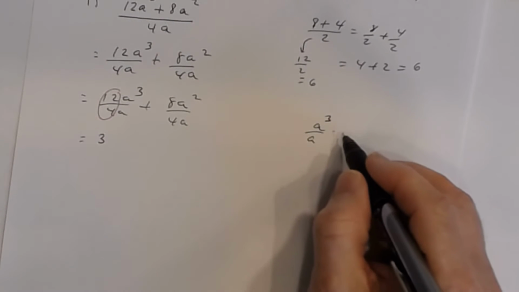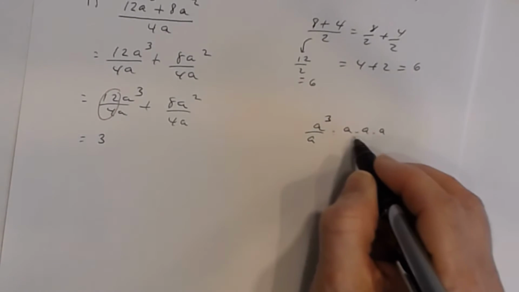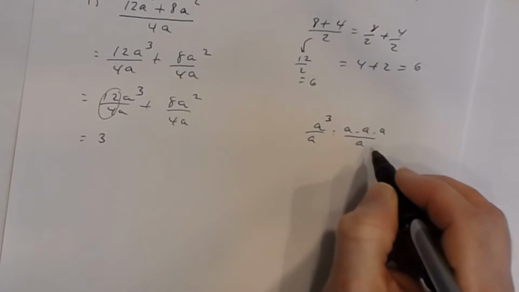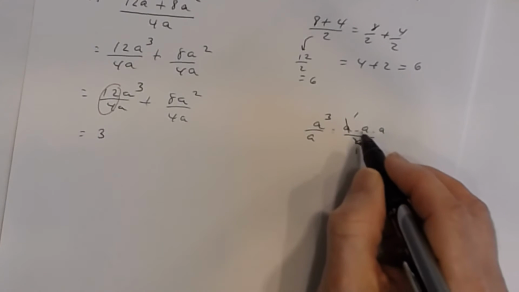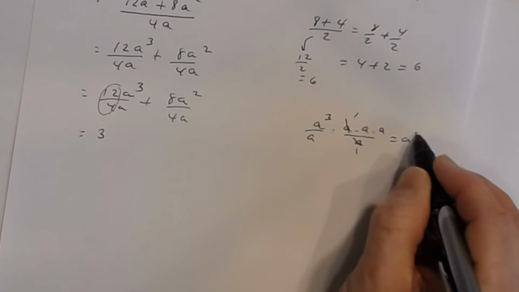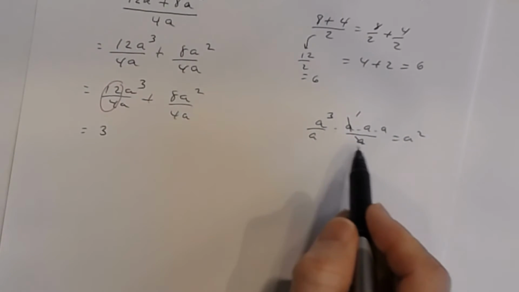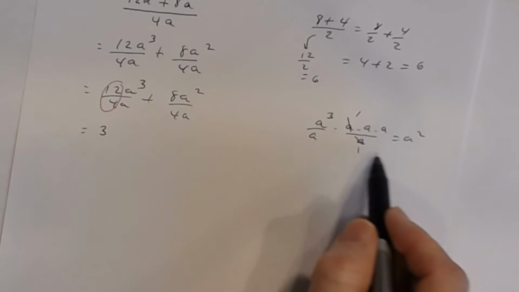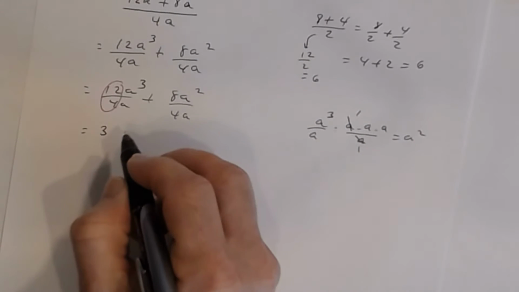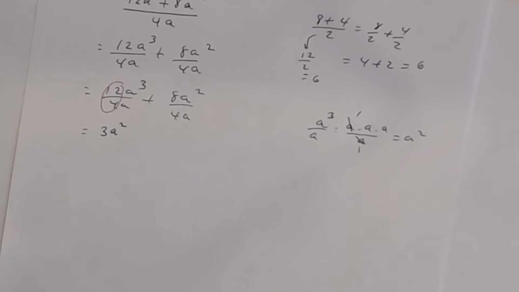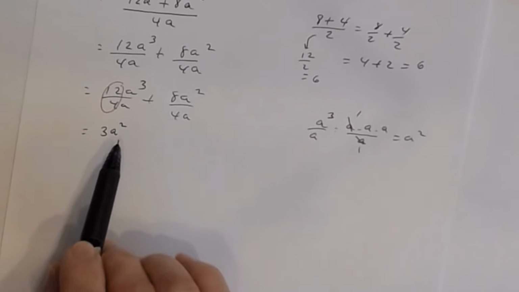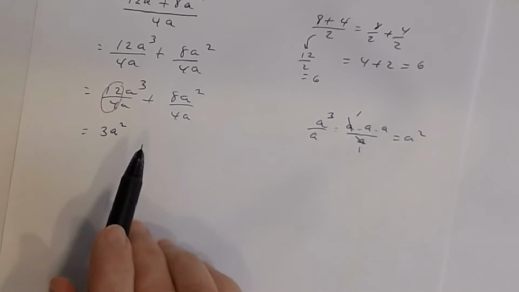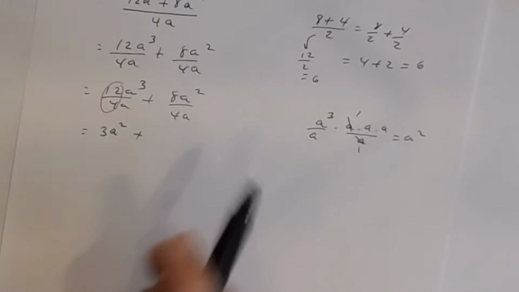A cubed means a times a times a, and then divided by a, and then reduce. These a's divide out, and you get 1 times a times a, which is a squared. So a cubed divided by a is just a squared. So this right here becomes 3a squared. I simplified this fraction as 3a squared, plus, and then do the same thing here.